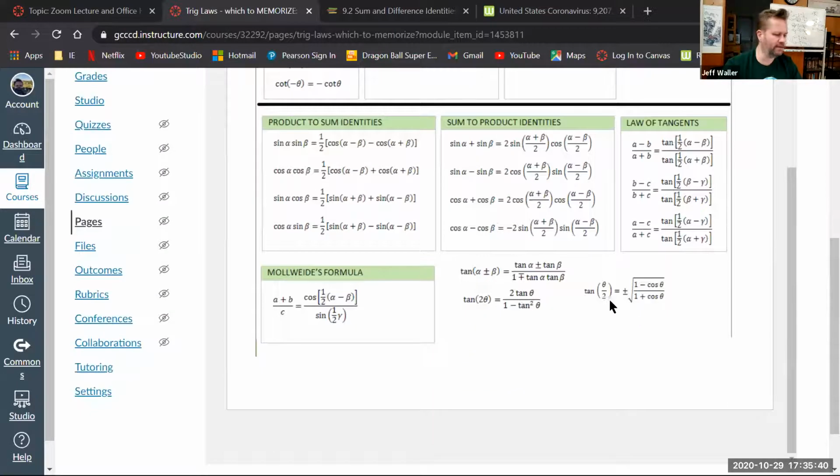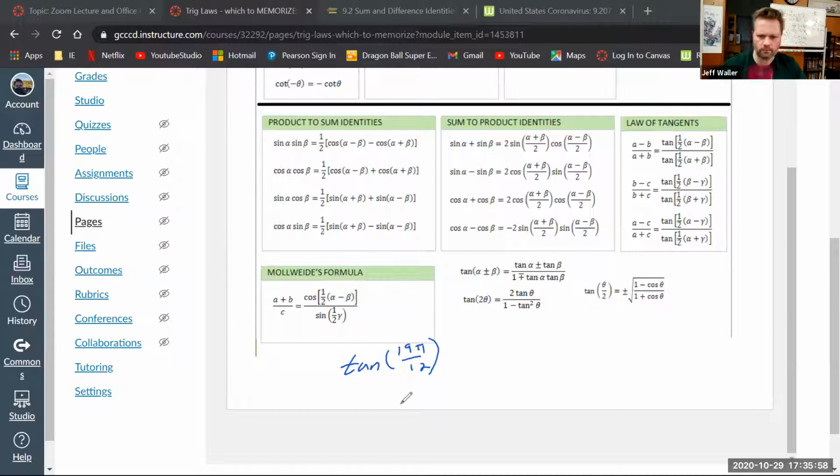And the answer is, there's no way in the world you can know ahead of time what the answer should be, except for, does somebody know what quadrant this is in? Would it be in the third quadrant? Yeah, why do you say that?